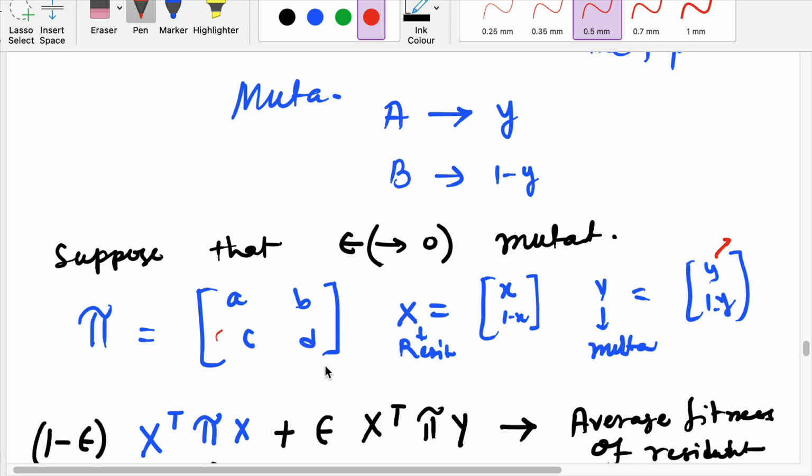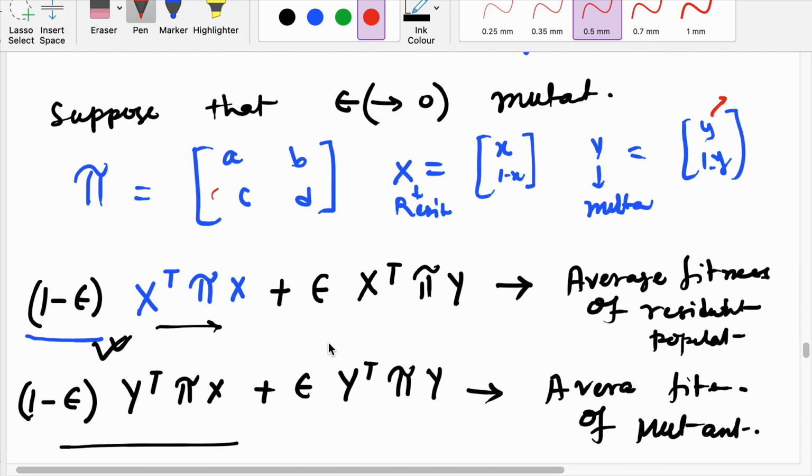Now if it is the case, then we can simply calculate what will be the average fitness of individuals who are resident individuals playing the action a with probability x and the other action with probability 1 minus x.